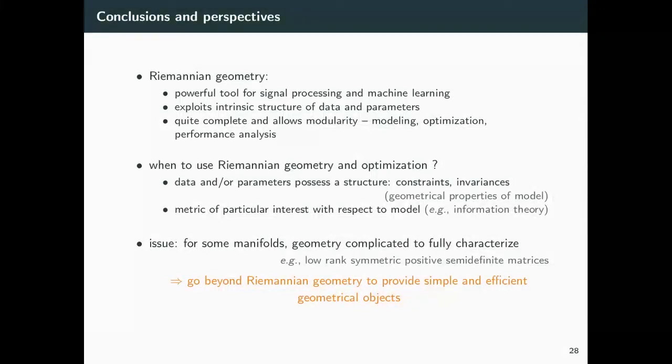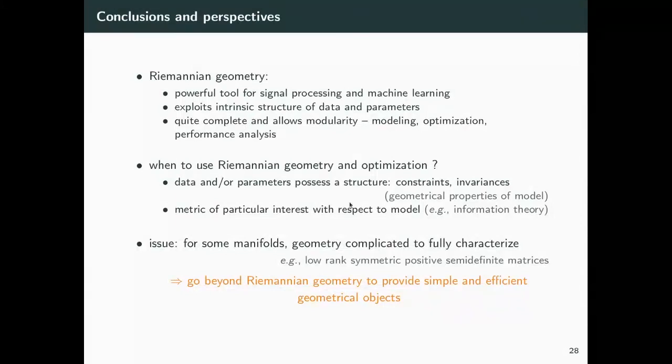And also, it's very modular, and we can use it to do almost everything we need to do, which are modeling, optimization, and performance analysis. So it's quite powerful, but we need to use it wisely, because if we have Euclidean data and Euclidean parameters, it's a bit overkill.